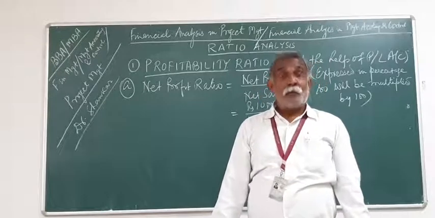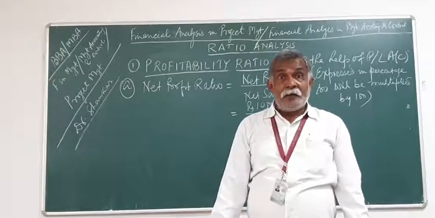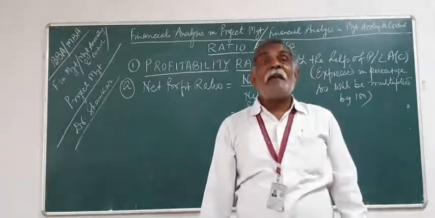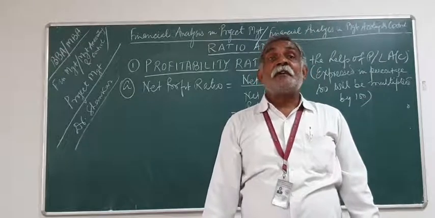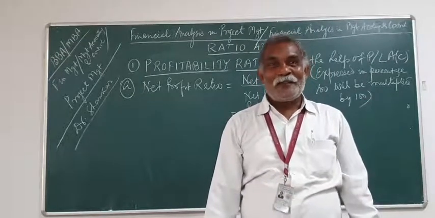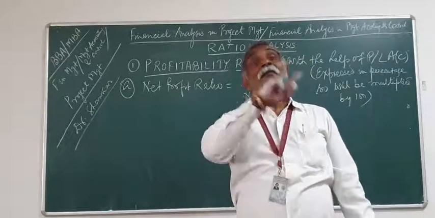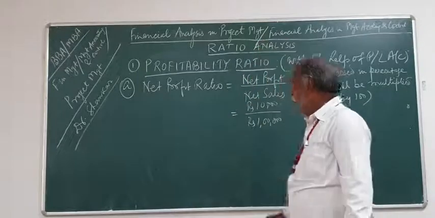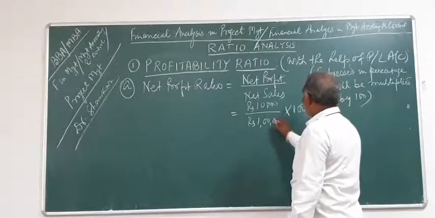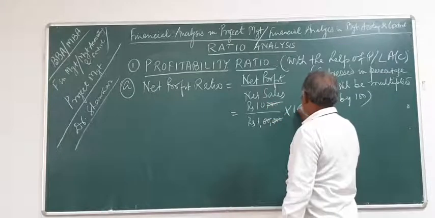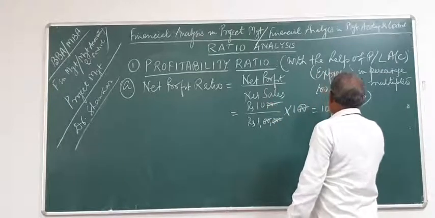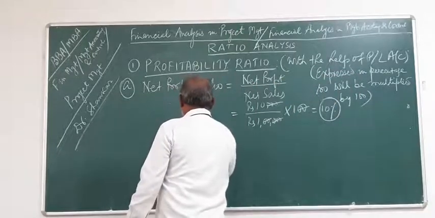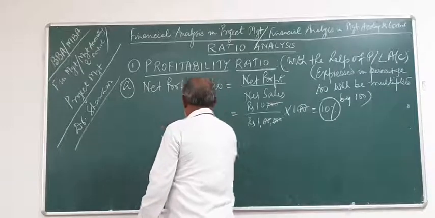This is 0.10 in decimal form, but we never say the net profit ratio is 0.10. So we have to convert this decimal form to percentage form, so it is multiplied by 100. When you multiply by 100, the zeros cancel. This is 10%. So the net profit ratio is equal to 10%.